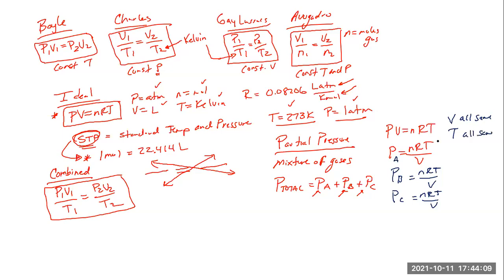If temperature is the same for everybody, volume is the same for everybody, and R is a constant, then when you're doing partial pressure problems, the one thing you need to figure out is the moles, which may be given to you in moles, or in grams, which you can convert to moles using the molar mass from the periodic table, which is grams per mole. Again, as discussed in those chapter 7 lectures and what we talked about during discussion last week.